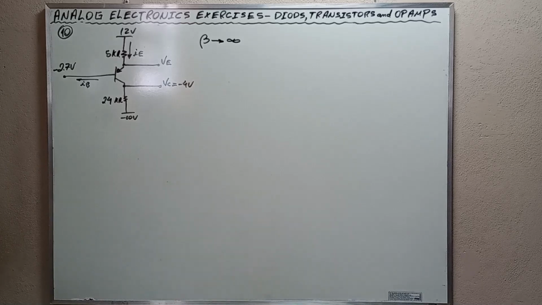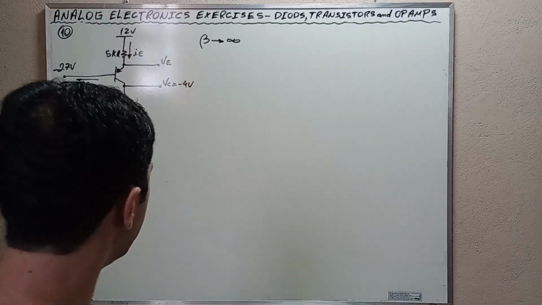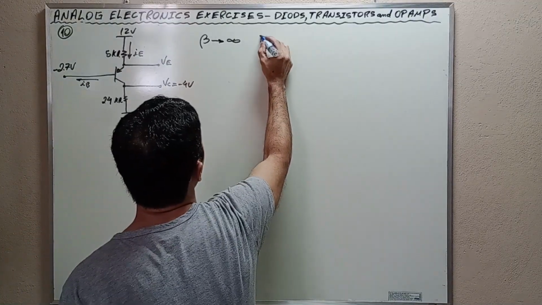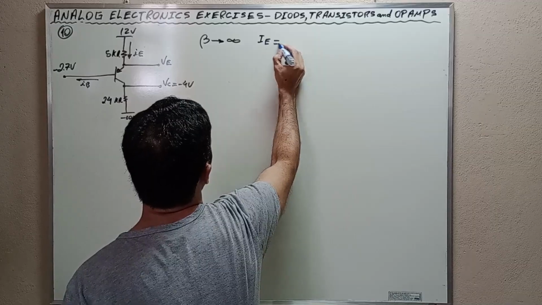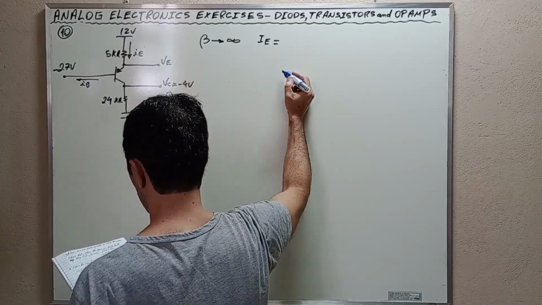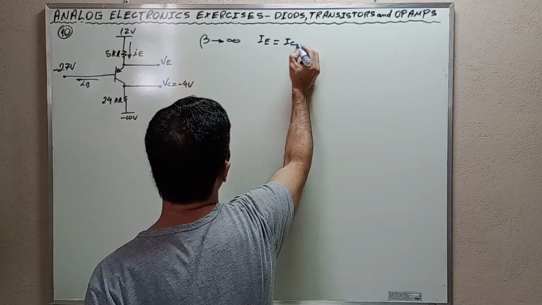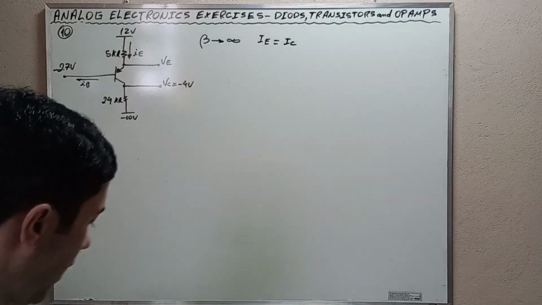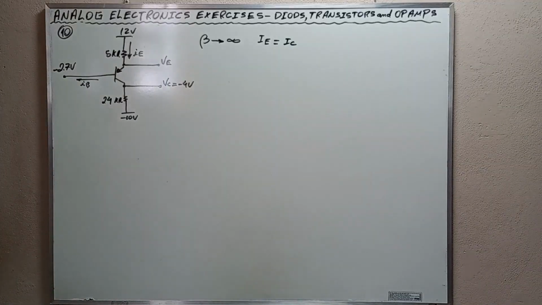In this case, when the gain is very high, IE is equal to IC, and beta is negligible.